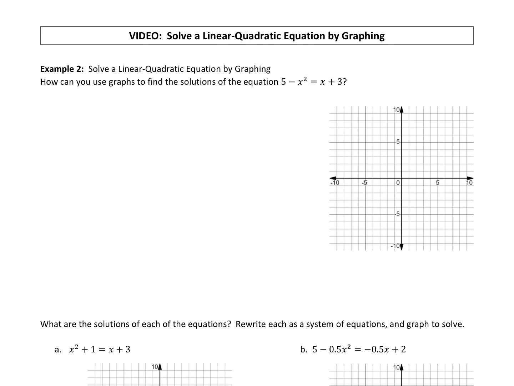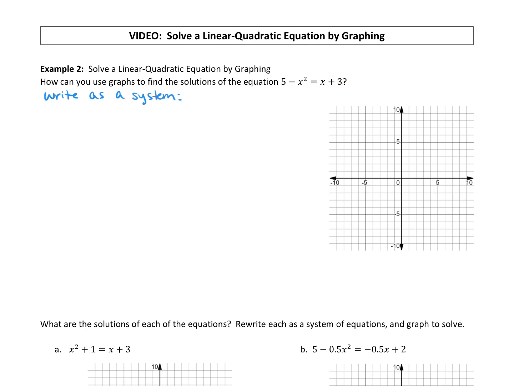So what we're going to do is write that equation as a system. We want to know when this 5 minus x squared is equal to this x plus 3.